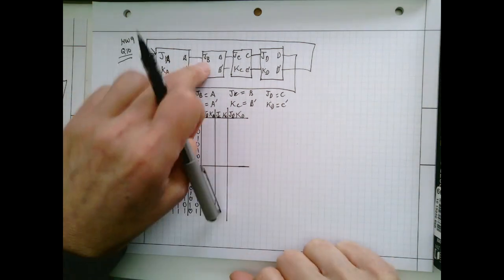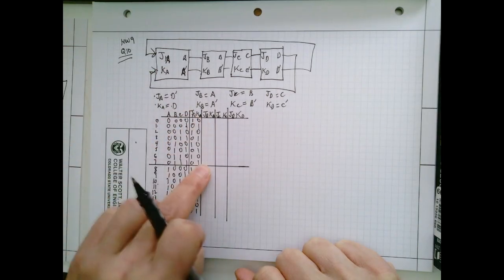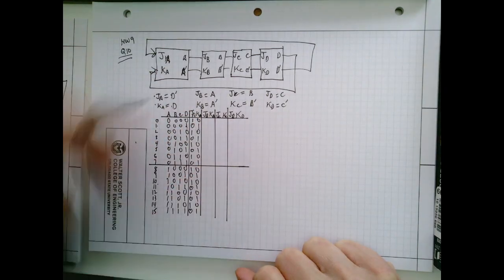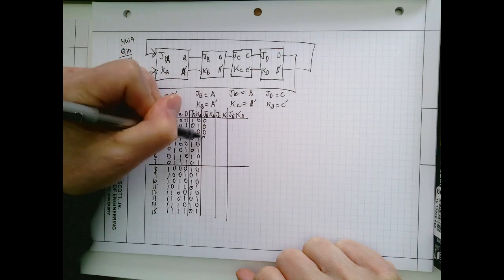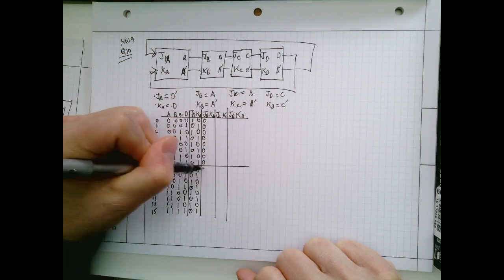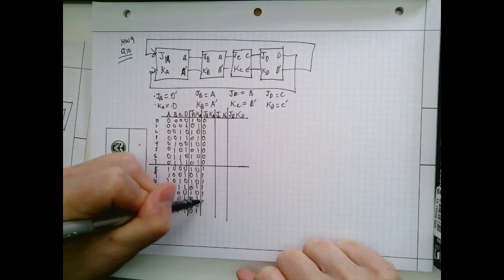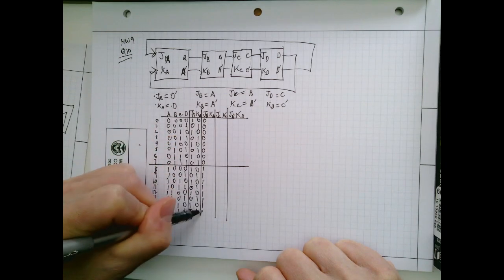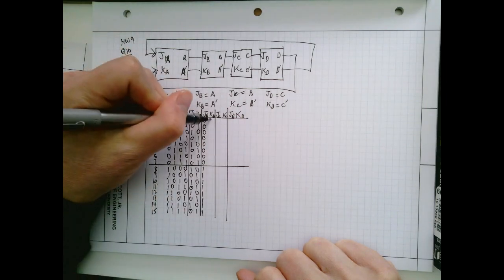And it says here J sub B equals A. That means J sub B is 0 all the way in through here, and then it turns to 1. And so I just copy it. And it says here K sub B is equal to A prime. So I just invert J sub A.